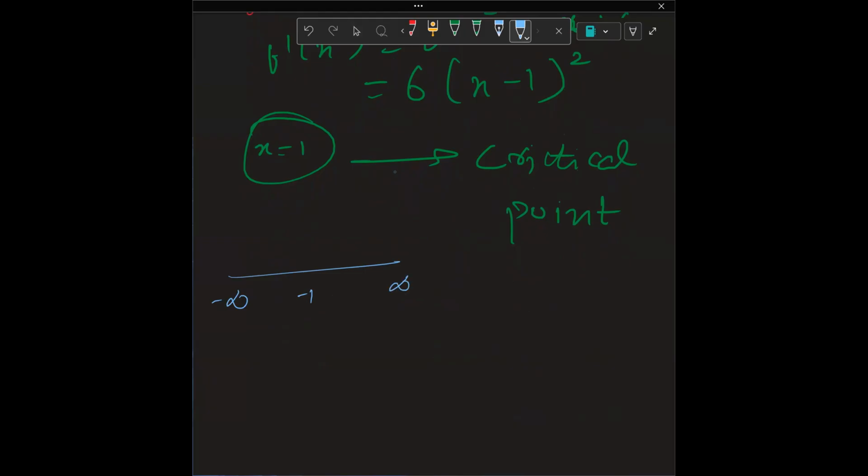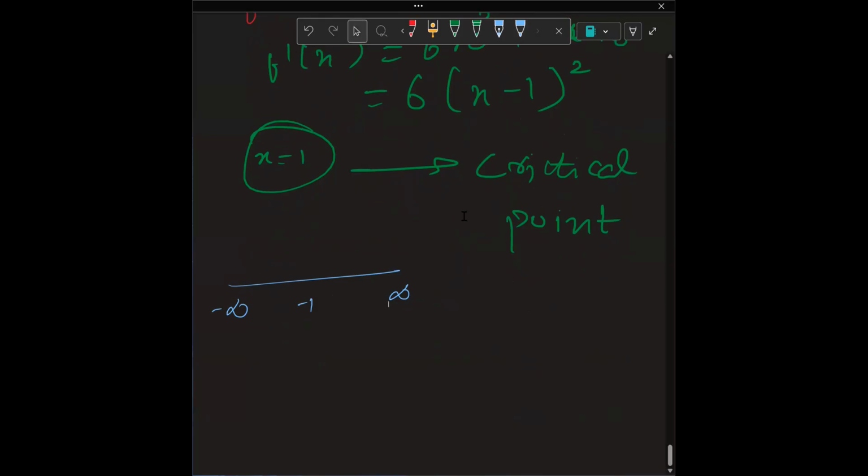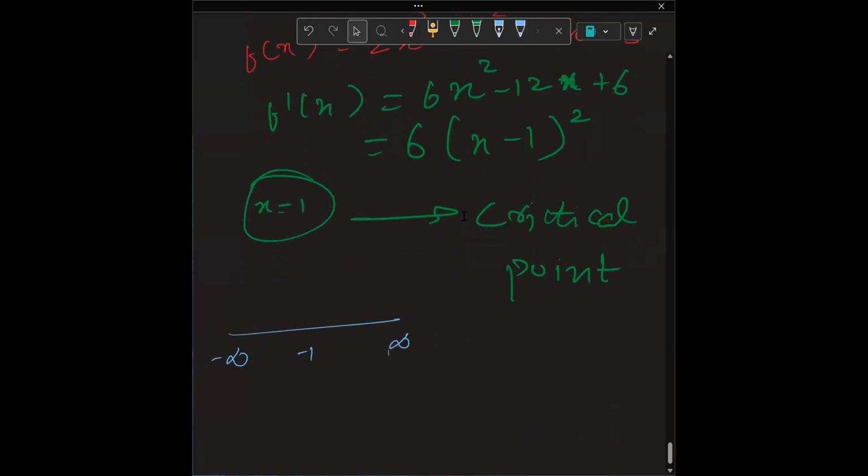Now explain this. Tell me, how will I find the points of local maxima and minima? We can take a number to the left of 1, and then we can find the first derivative of the function.